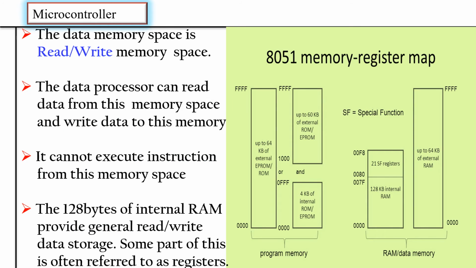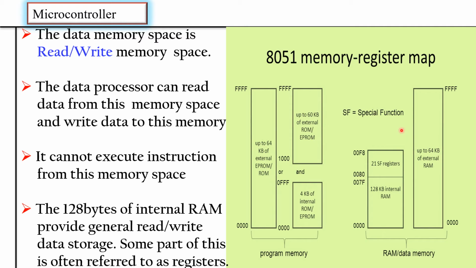Now the next is called data memory space. In data memory space, you can both read and write the data. In this read and write memory space, a processor can read the data and the processor can write also into this. We cannot execute the instruction from this memory space.